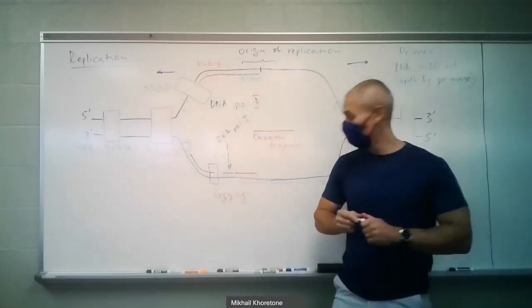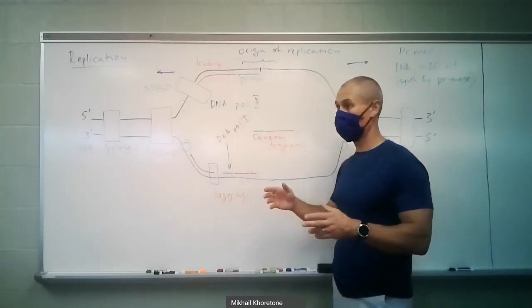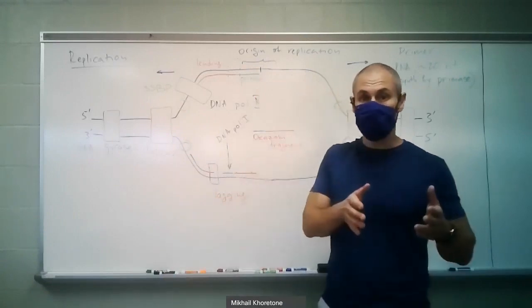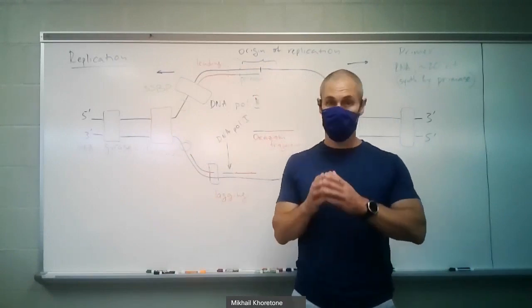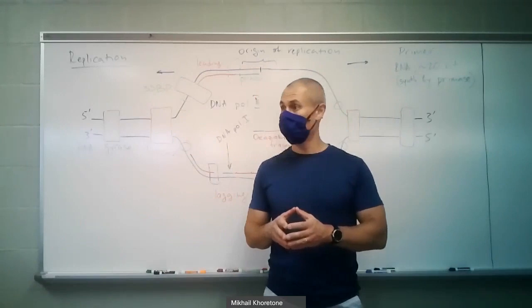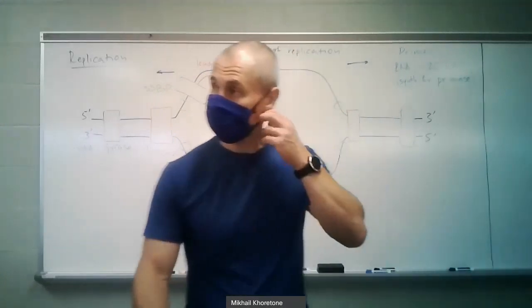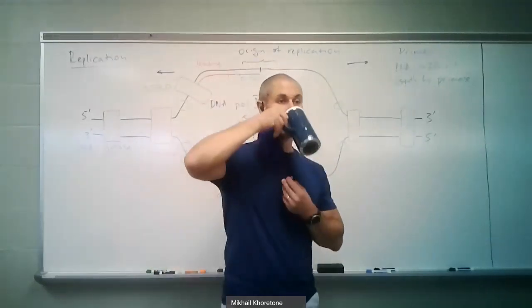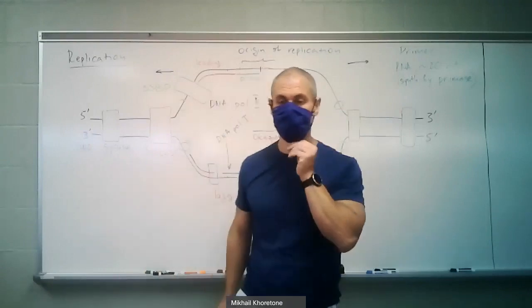So what it does, it removes RNA nucleotides and replaces them with the DNA nucleotides. Does that make sense? Got it? I don't really have a good analogy for it.